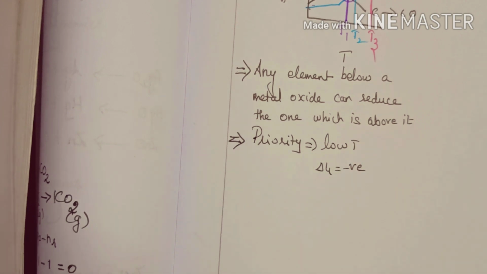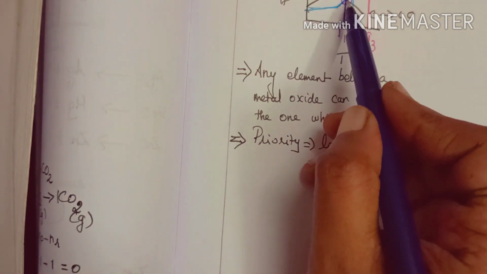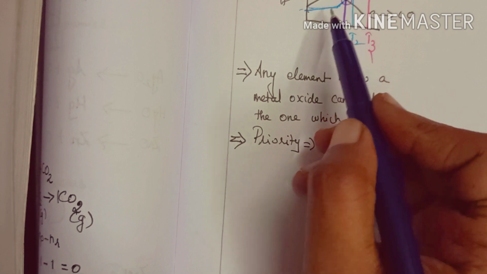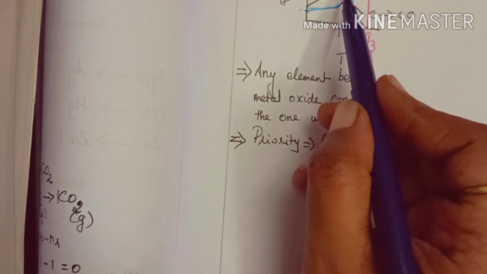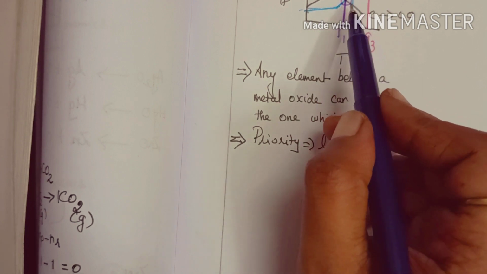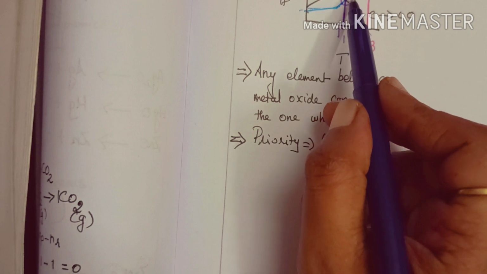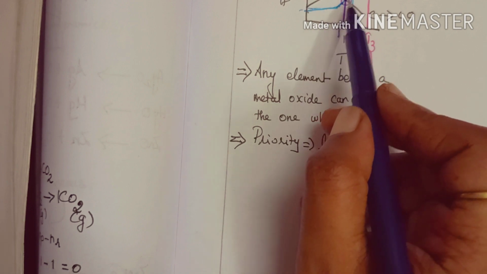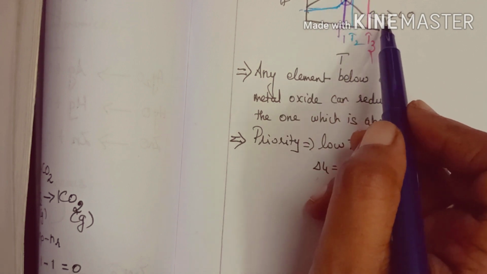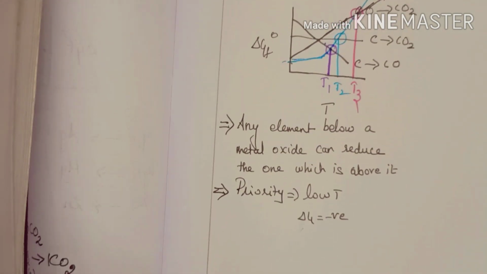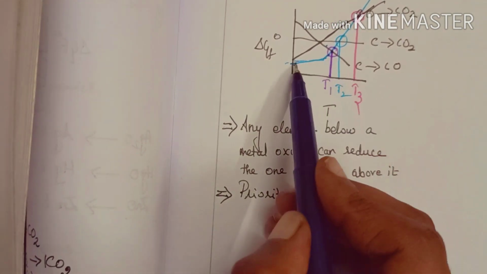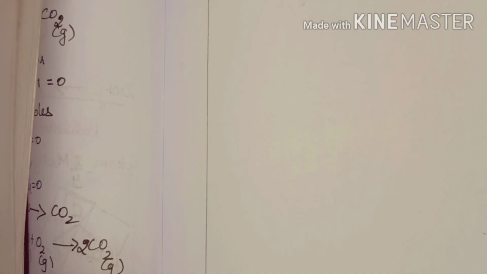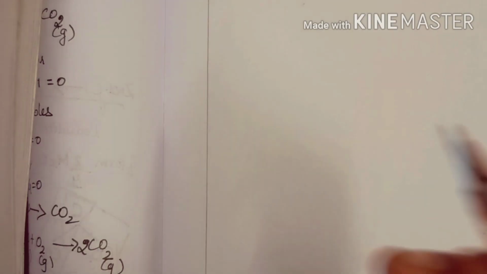Now I can see that up to a particular temperature, this line is below this one. But after a particular temperature, this line, that is the metal oxide line, is above the C to CO line. I'll explain with one more example.